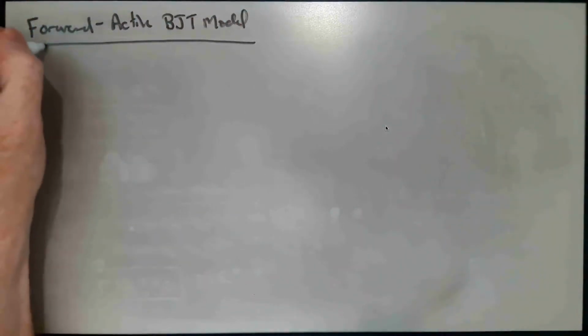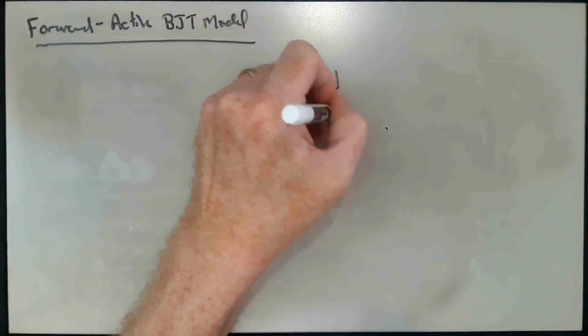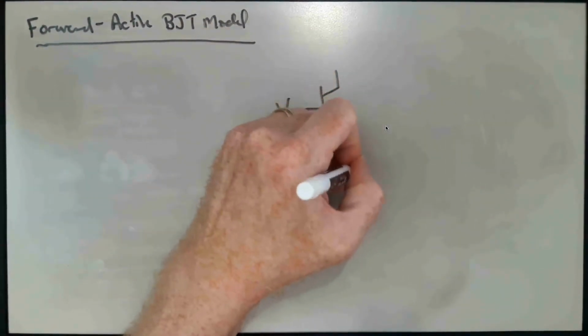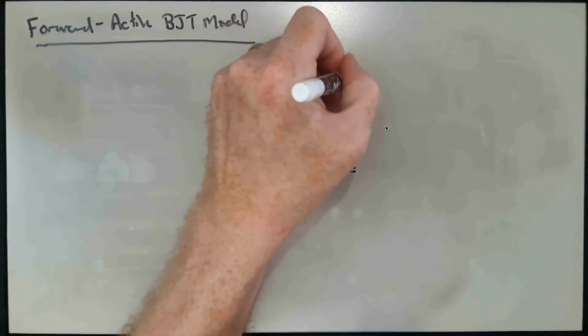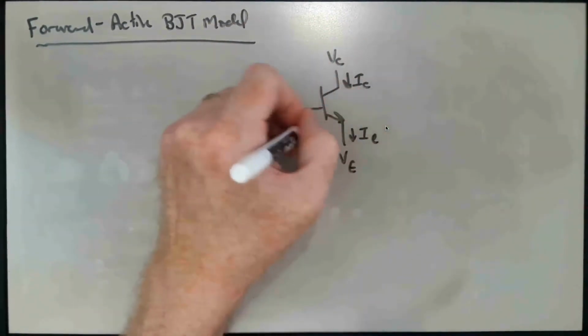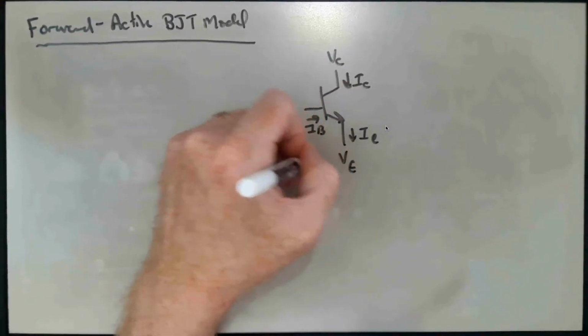Okay? And so if we flip back over to the whiteboard, the forward active model is really as follows. So we have our transistor, we have VB, VE, and VC. We have IC, IE, and IB. We have here VBE.